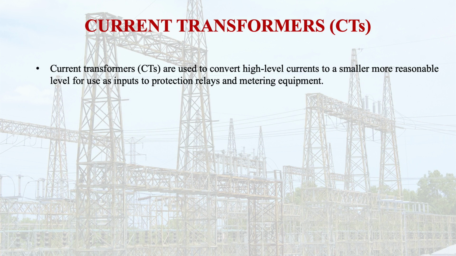Current transformers, or CTs, are used to convert high level currents to a smaller, reasonable level for use as input to the protection relays and metering equipment, because our aim is to measure the current. That means this current should be such that it can be measured by the metering equipment without any harm, and in the same way it can give the input to the protection relay, so that the protection relay can send the alarm to the circuit breakers for further protection.